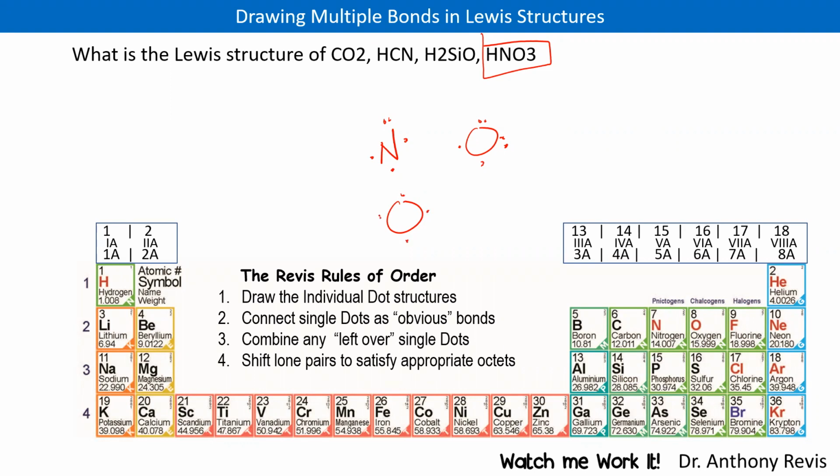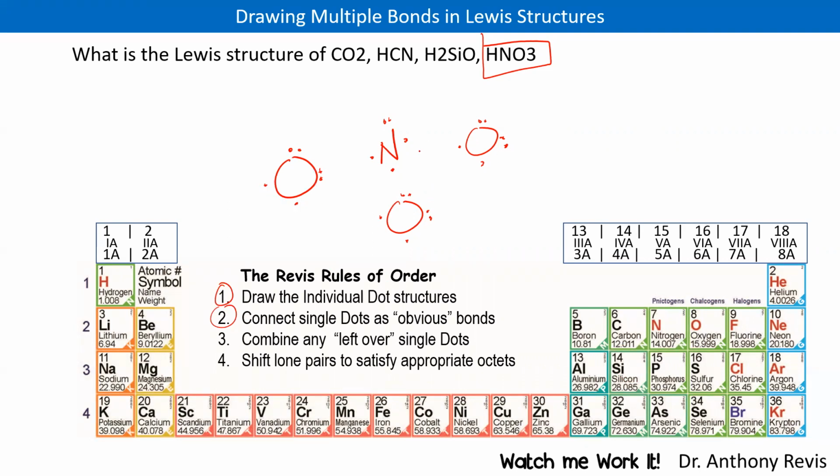All right, what is the Lewis structure for HNO3, nitric acid? Let's draw nitrogen as a central atom. I'll give you that. We know it's nitrogen, most likely because it has 3 individual dots to start with. Oxygen, 1, 2, 3, 4, 5, 6.